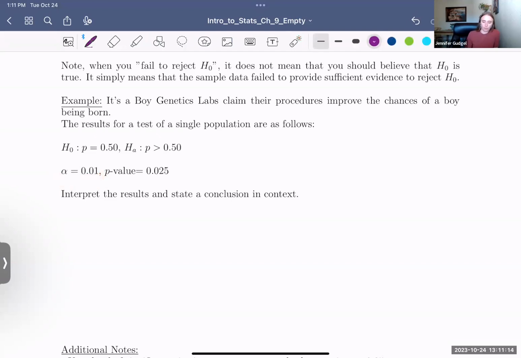That's the alpha. Right, so to make the conclusion, you have to compare p and alpha. All right, our p-value was 0.025. Our alpha was 0.01. And I'm writing it this way because I'm going to write an inequality between them. Which is bigger? All right, 0 and 0 for that first placeholder.